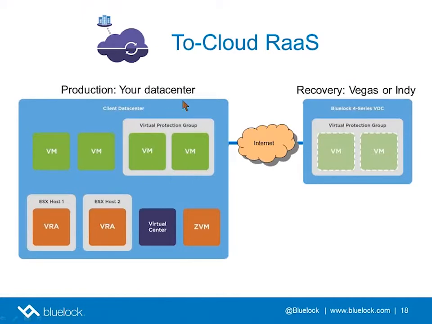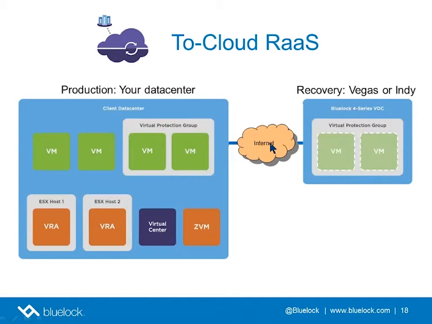So this assumes that your data center is one you're operating on your own. You saw Craig show how he set up individual VRA agents on each of the ESX hosts that he wanted to protect. He installed the ZVM software appliance, which is just another VM in your environment. That's what created the little control panel tab in Virtual Center.